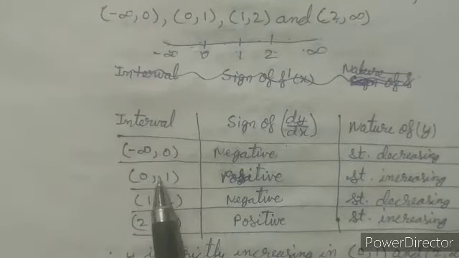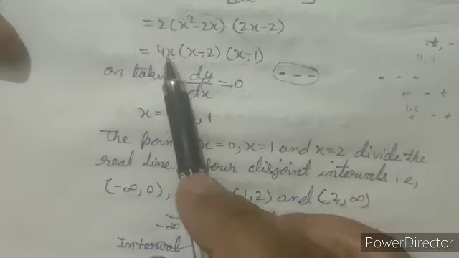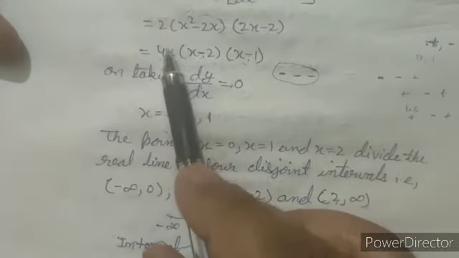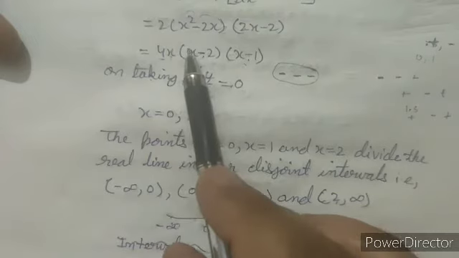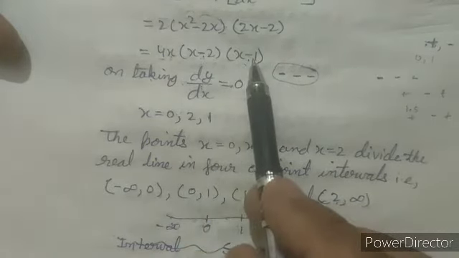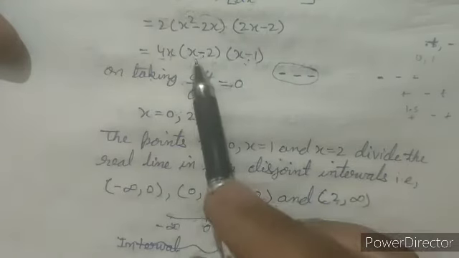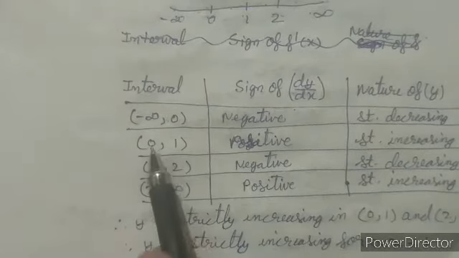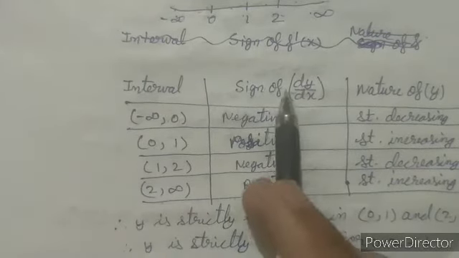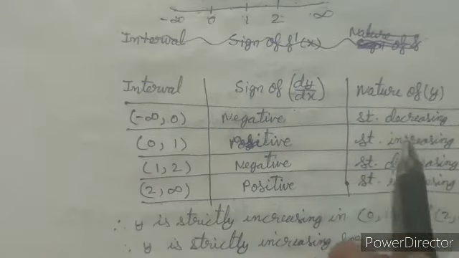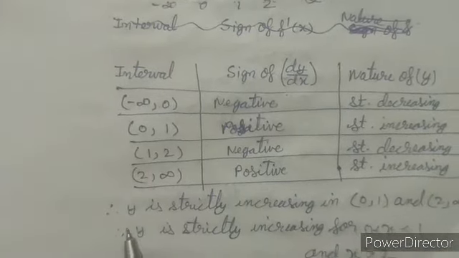Thus we can say that the nature of y in the interval minus infinity to 0 is strictly decreasing as dy by dx is negative. Now in interval 0 to 1, suppose we take 0.5, 4x will be positive, 0.5 minus 2 will be negative, and 0.5 minus 1 will be negative, and negative into negative will be positive. That means in interval 0 to 1 dy by dx is positive, and thus y is strictly increasing.